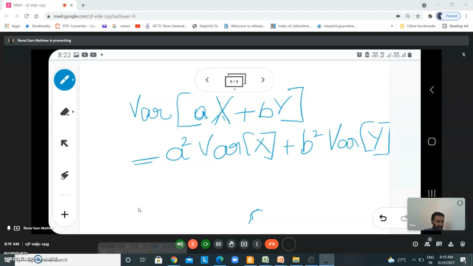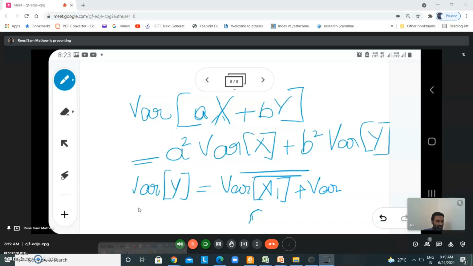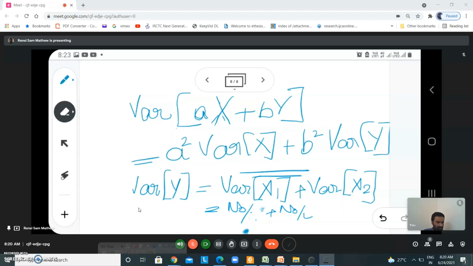In our case, the variance of y will be equal to the variance of x1 plus the variance of x2, because they are independent. That is N0 by 2 plus N0 by 2, which is equal to N0. So the variance is equal to N0.